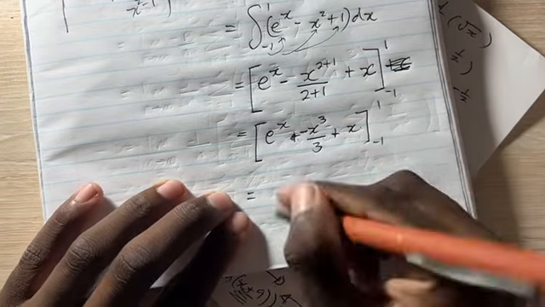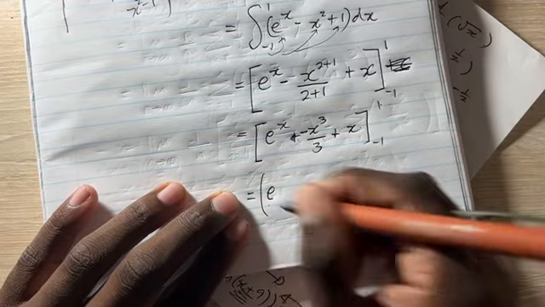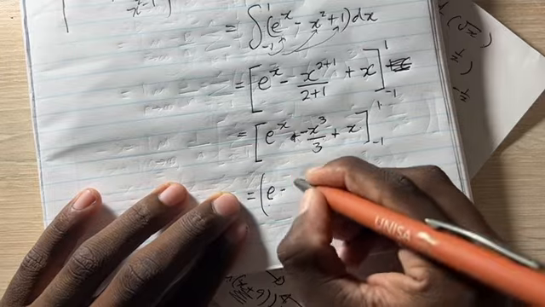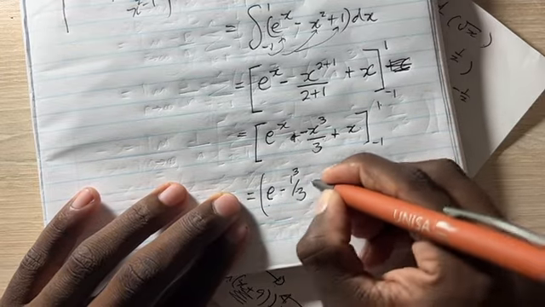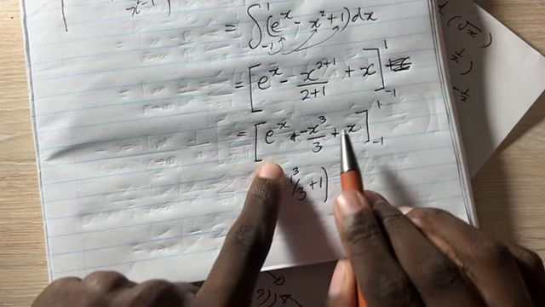Okay, so let's do what I said. Substitute a 1 into all of this. You get e to the power of 1 minus 1 cubed over 3 plus 1, right? I substituted a 1 into every x here. This is what I get.